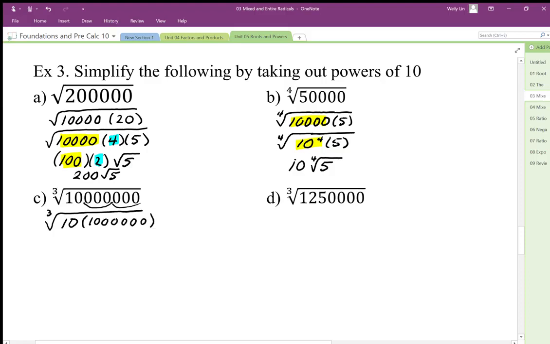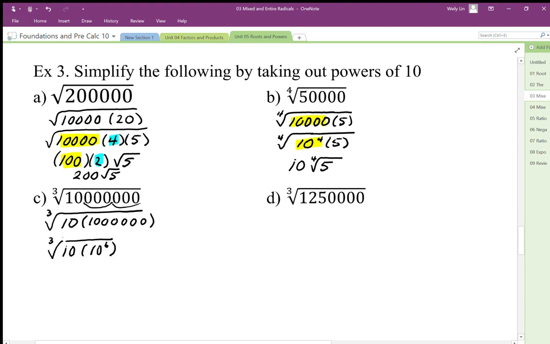Okay, so 10 times a million is 10 million. So that 10 million can be expressed into groups of 3, or powers of 3. That's going to be 10 to the power of 6.